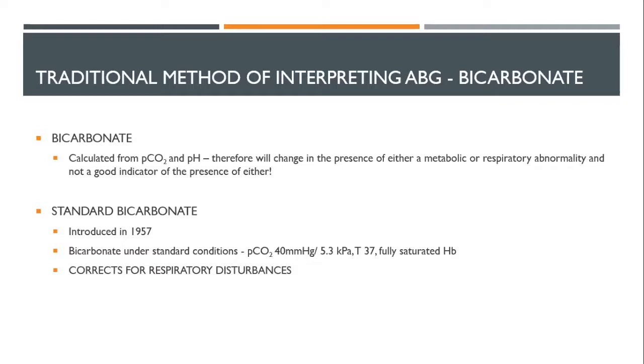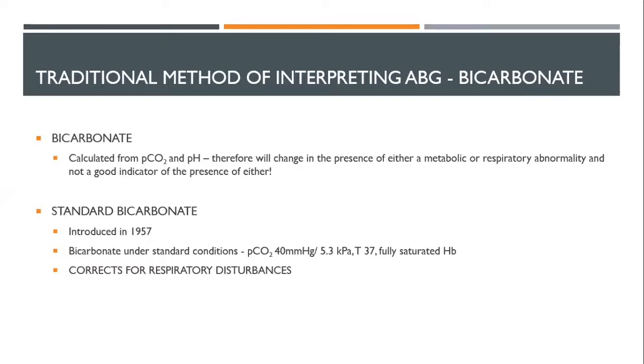But as we said, only PCO2 and pH can be measured, so bicarbonate has to be a derived variable. If you think back to the Henderson-Hasselbalch equation, it's apparent that in the presence of either a metabolic or a respiratory acidosis, your bicarbonate will change anyway, because it is dependent on the other variables. So it's not really a good indicator on its own of either a metabolic or a respiratory abnormality.